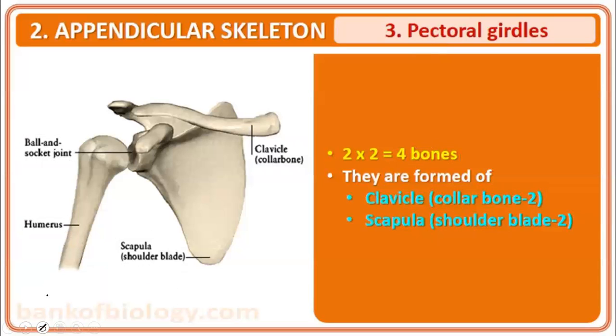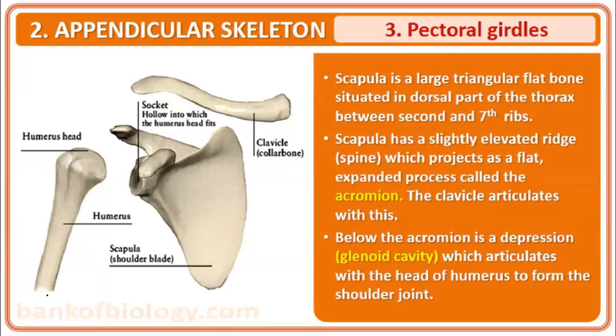Clear? The scapula, what do you mean by scapula? It is a large triangular flat bone. This is a previous year MCQ. It is located on the dorsal part of the thorax between the second and the seventh pair of ribs. I don't have any tricks to give you.